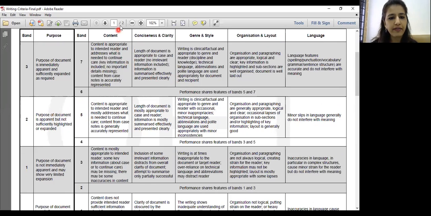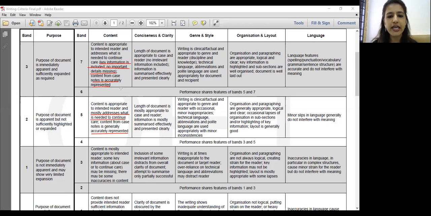So here they have used this word, mostly addresses what is needed to continue care and it is accurately represented. So that is why I always give this kind of flexibility for 1 or 2 points in the case notes where it is not going to have a major impact on your overall score. Even if you look at the 7th one, it says key information is included and no important detail is missing and it is accurately represented, right?